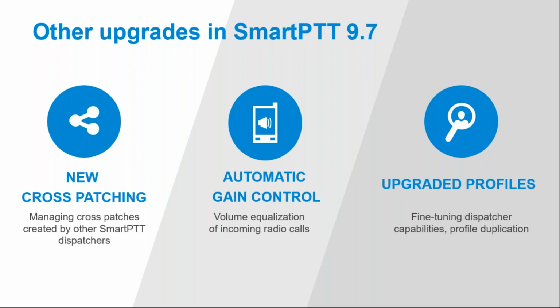So now the difference is, if a dispatcher has created a cross patch between different groups, even if the dispatcher application is closed, the cross patch does not disappear. Before, in the previous version, if you closed the dispatcher, a working cross patch would stop.